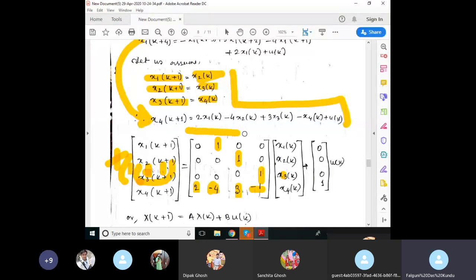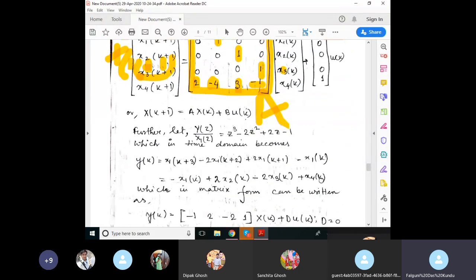Okay, this type of matrix is known as a Jordan canonical matrix, and this is A. For B, there is no element of u in the first three equations, but in the last equation we get plus uk, that means 0 0 0 1.